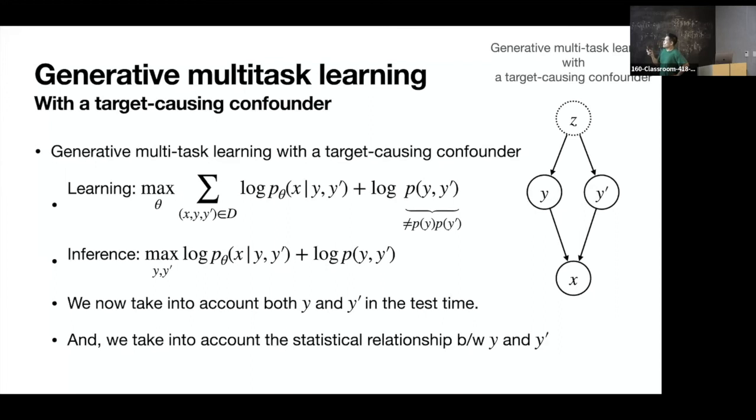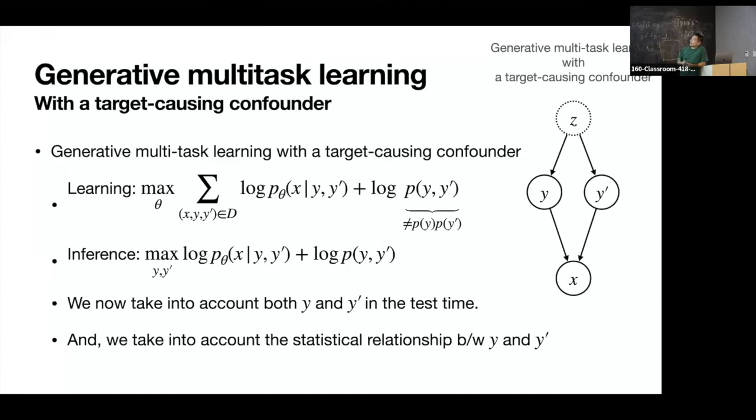This conditional distribution is factorized, and we sample y and y prime from it. Then given those y and y prime, we have the distribution over x, the observation. It's a bit of a mouthful, but we're going to call this setting generative multitask learning with a target causing confounder, where the target causing confounder is z.